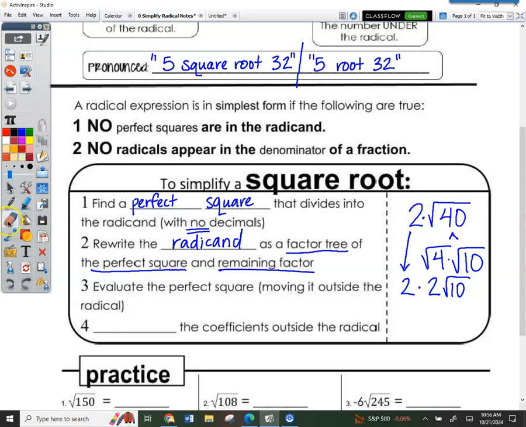So if I don't put this multiplication symbol right here, what number does it look like I have in front of me? Looks like 22, but it's not 22. It's 2 times 2 root 10. Because these are both numbers on the outside, you can multiply them and we get 4 root 10.